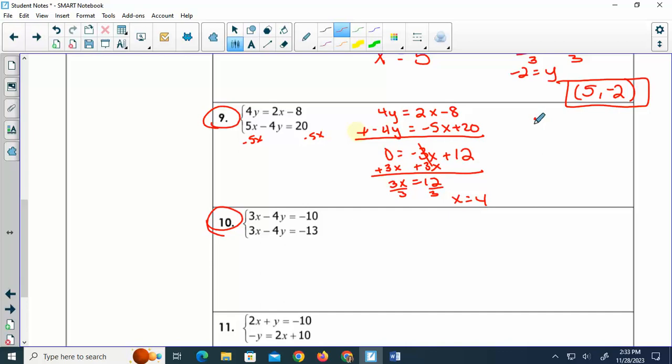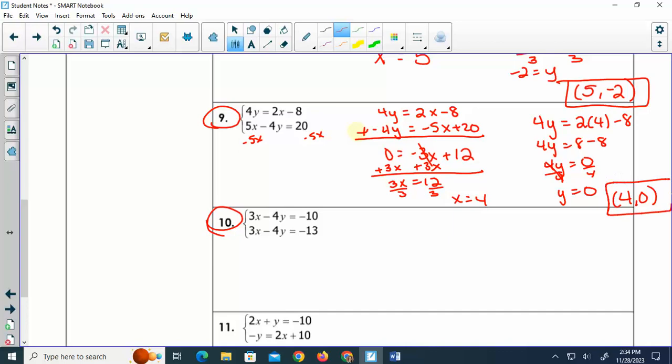Plug that into one of the equations. If I went with the first one, 4y equals 8 minus 8, so 4y equals 0, so y is 0. So the final answer is 4, 0.